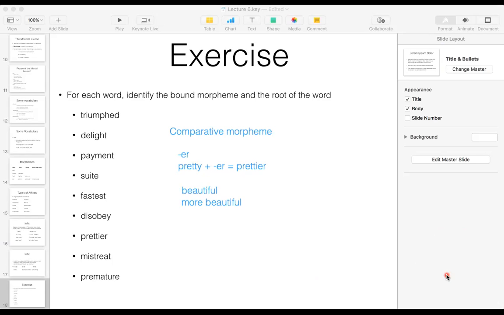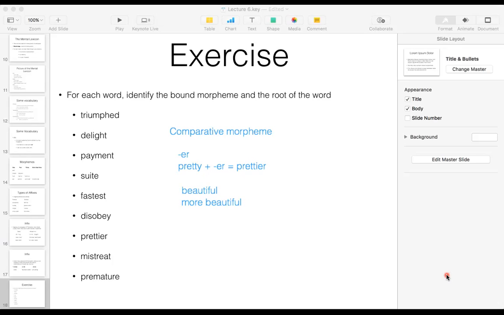So in decompress, D is definitely a prefix and compress is definitely the root of the word, right? But not in delight. In delight, the meaning is so different from the meaning of its component parts that you don't want to break it down into the bound morpheme and the root of the word. It's just a monomorphemic word, delight.